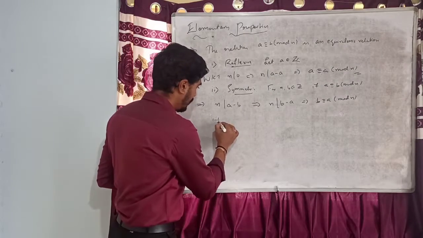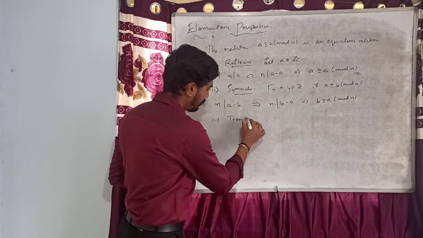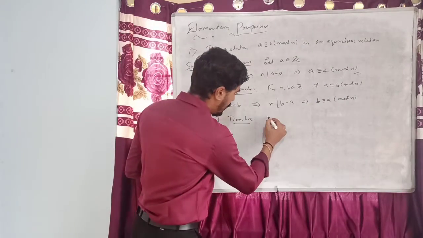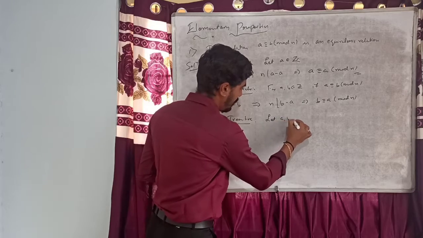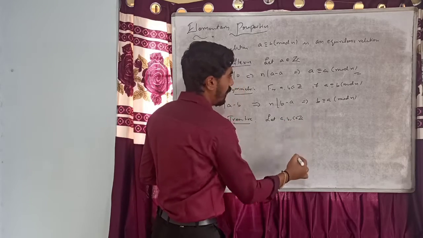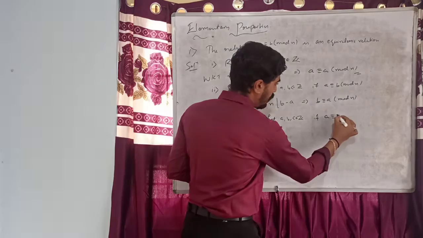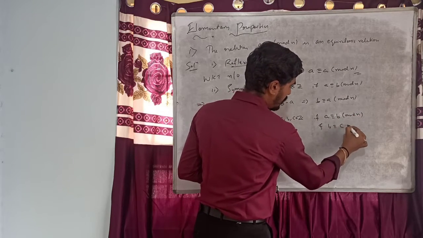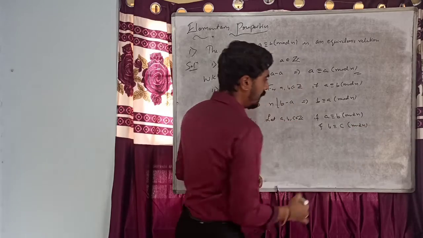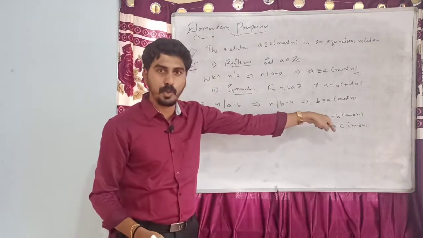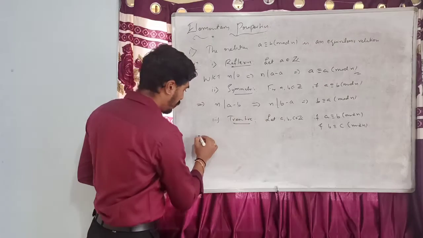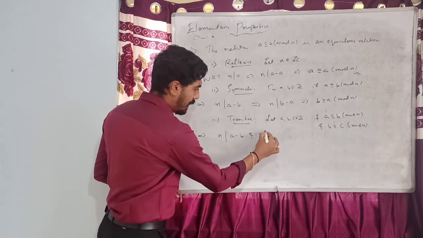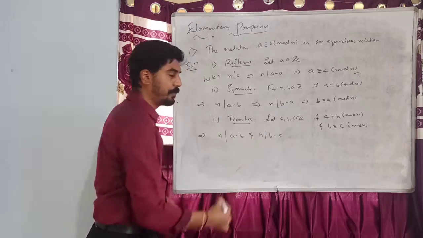Finally, I consider the transitive property. To show that this relation is transitive, let a, b, c belong to Z, and if a is congruent to b modulo n and b is congruent to c modulo n, then we need to show that a is congruent to c modulo n. By the definition of congruence, we have n divides a minus b and n divides b minus c.